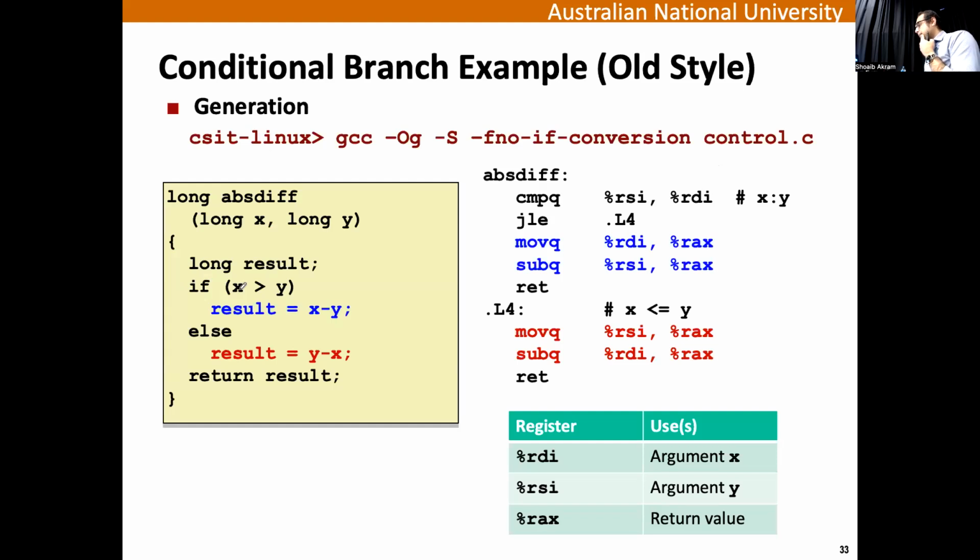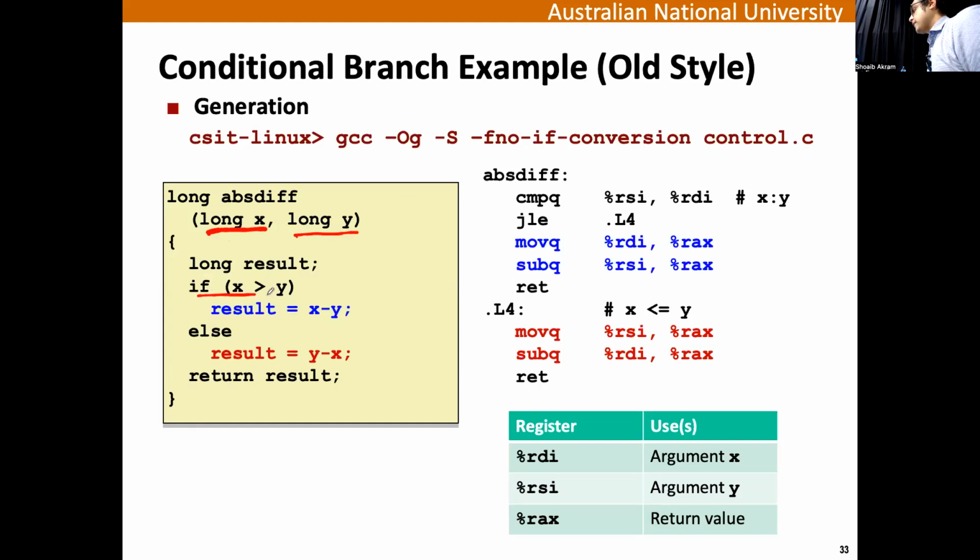Let's look at one example. Okay, so you know how to convert for loops and if statements into assembly. Here, we have two arguments in this function.